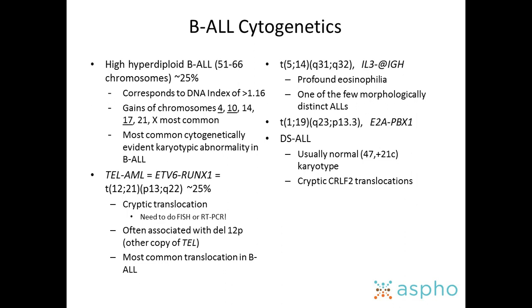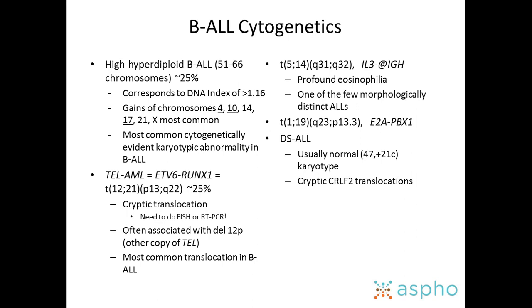High hyperdiploid B-ALL, defined as having 51 to 66 chromosomes, is about 25% of cases of B-ALL. It corresponds to a DNA index of greater than 1.16 in most cases, and the most common gains are the triple trisomies 4, 10, and 17, and 14 and 21 and X. High hyperdiploid ALL is the most common cytogenetically evident karyotypic abnormality in B-ALL.